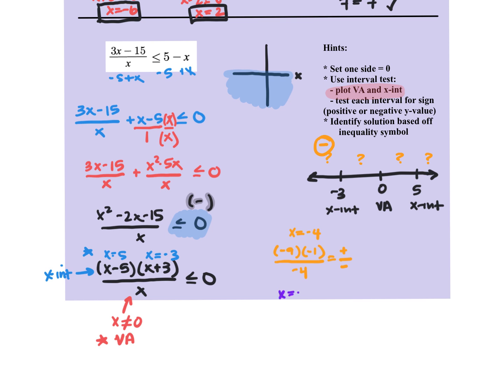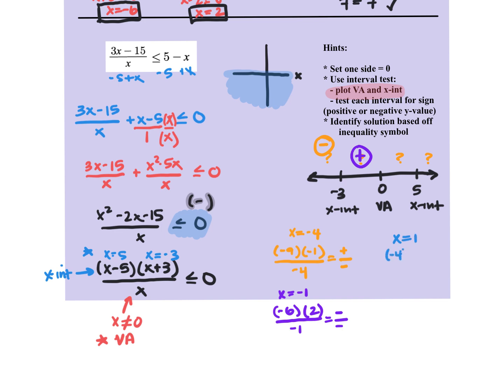So next up, I'm going to use negative 1. Plugging that in, I get negative 6 times 2 all over negative 1. That gives me a negative divided by a negative, which ultimately is a positive. So that second interval is going to have positive y values. Up next, I'm going to check an x value of positive 1 for the third interval.